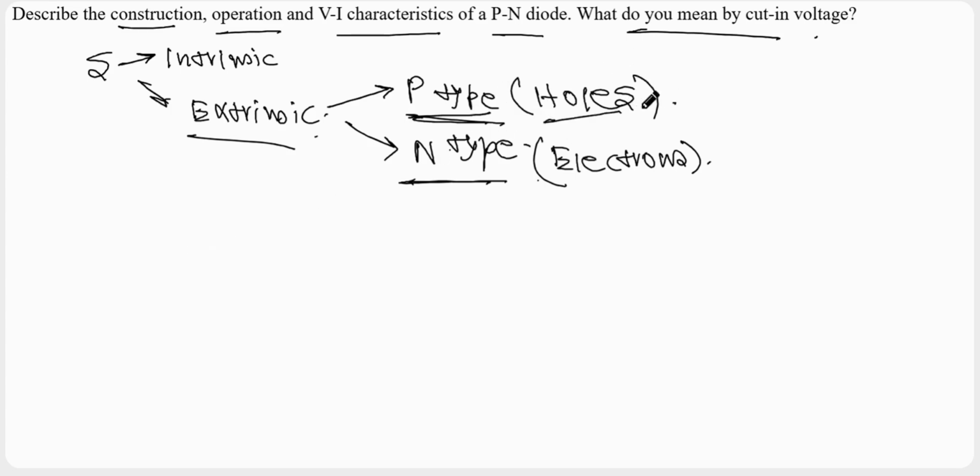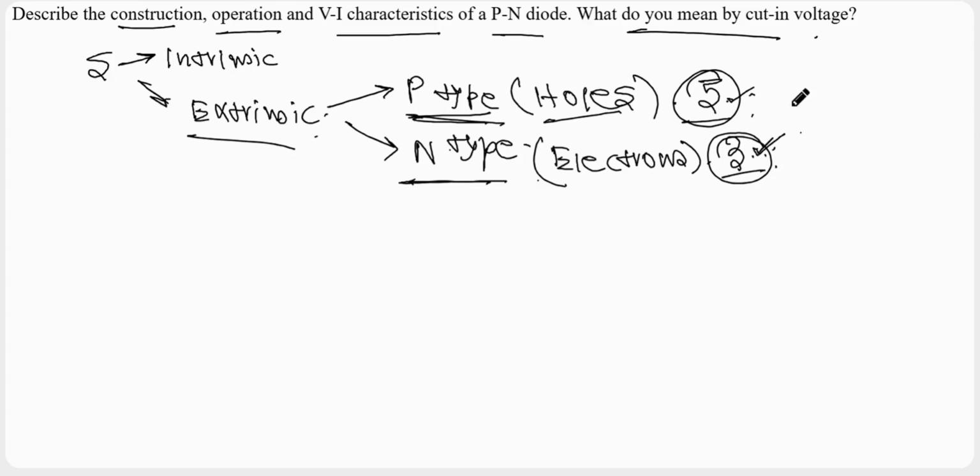So in the N-type semiconductor we use pentavalent atoms, which have a valency of 5, and in the P-type semiconductor we use atoms which have a valency of 3. These are trivalent atoms, these are pentavalent atoms, and each is doped in as an impurity.